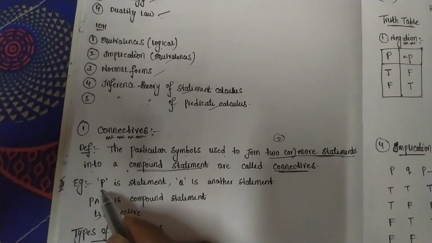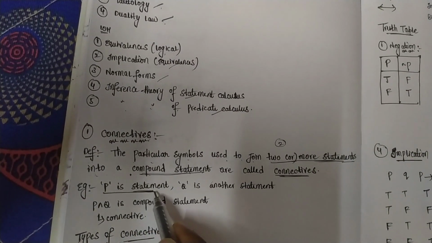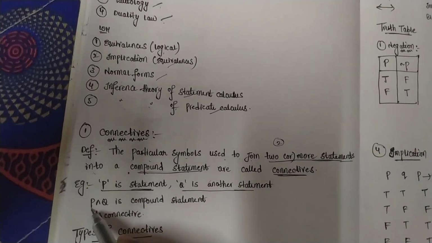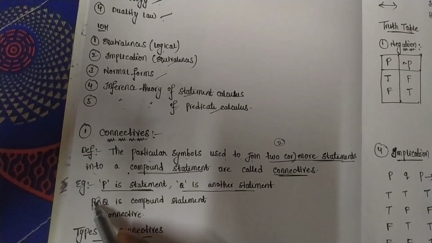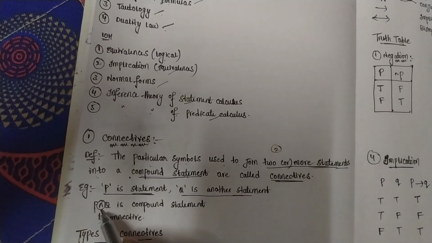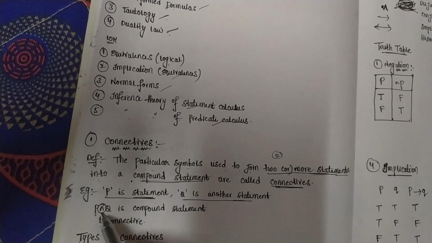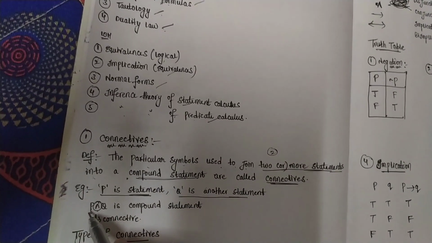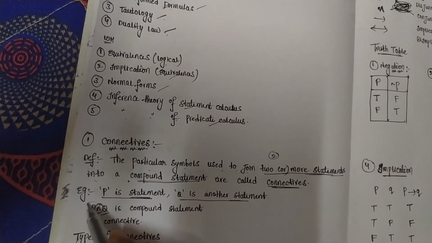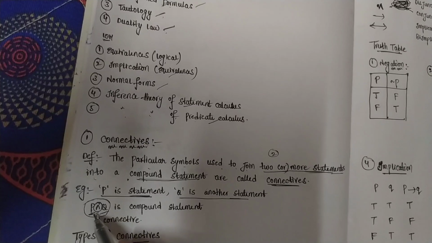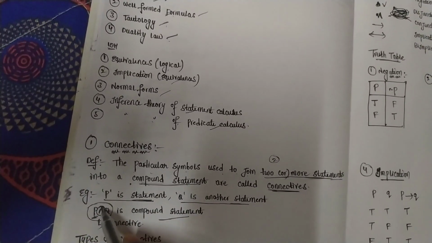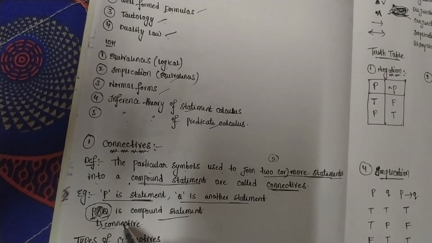For example, here P is one statement and Q is another statement, and when we use one connective, this connective symbol is and, that is conjunction. If we use this conjunction connective, we join the P statement and the Q statement, and we form the whole compound statement, P and Q. Here this symbol is a connective.